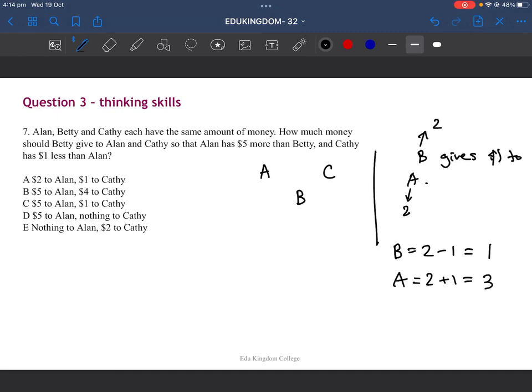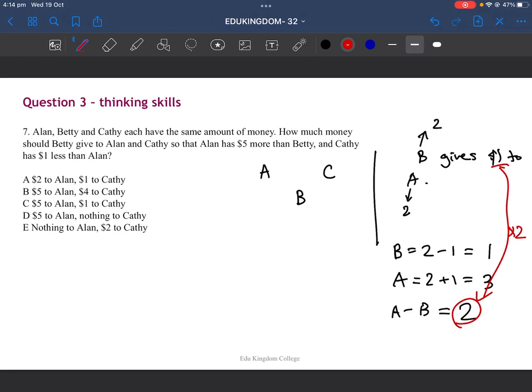Okay. So after Betty gives Alan $1, suddenly the difference between Alan and Betty, who used to have the same amount, is $2. Can you guys see this relationship between how much money is given and the difference that ends up between them? It's actually 2 times bigger.